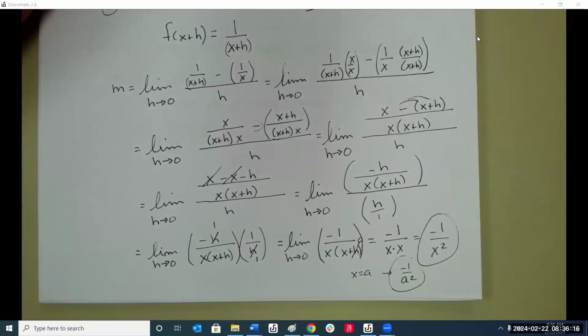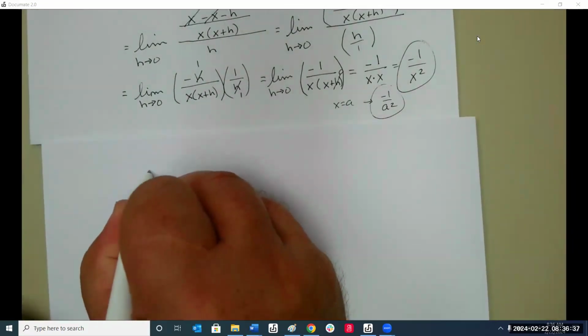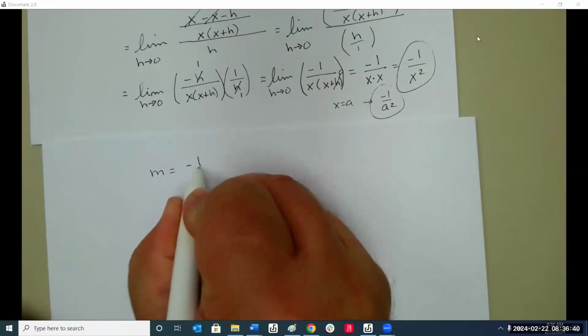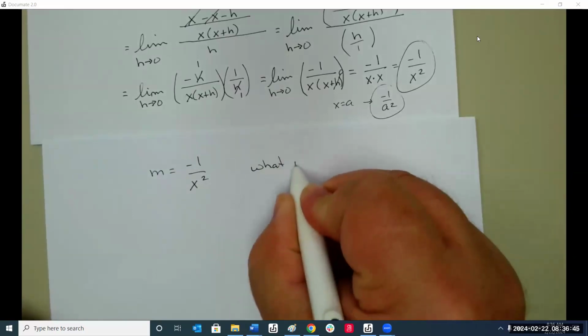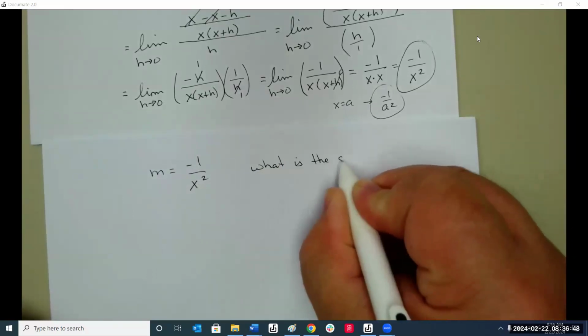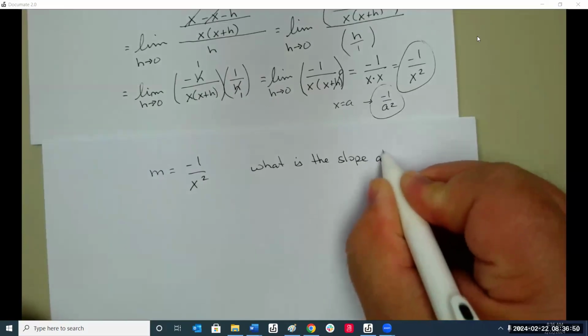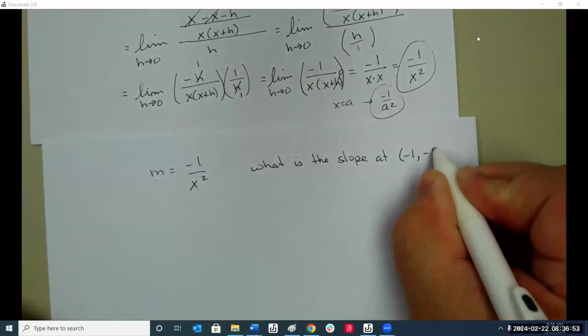The question is asking, what is the slope at -1, -1? So our slope equation was -1 over x squared. What is the slope at -1, -1?